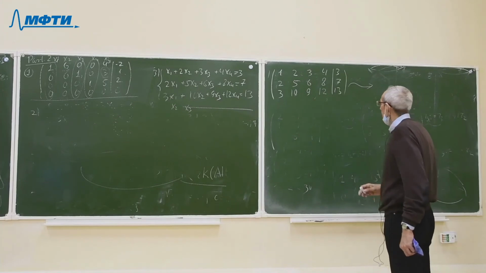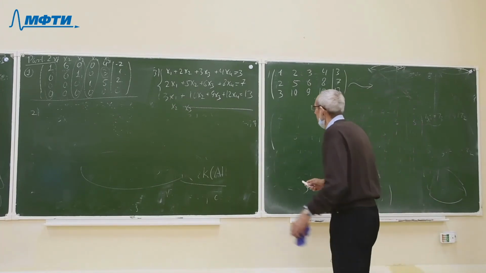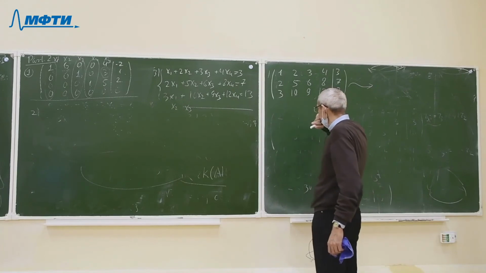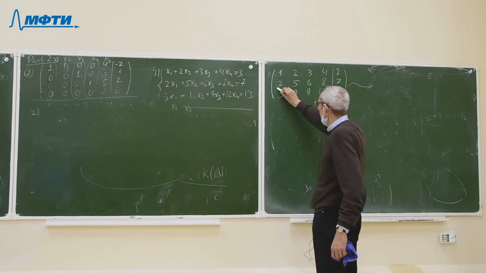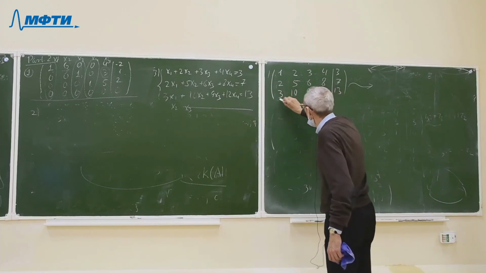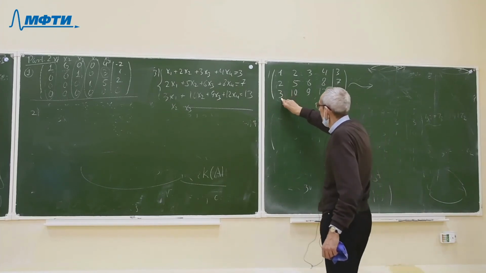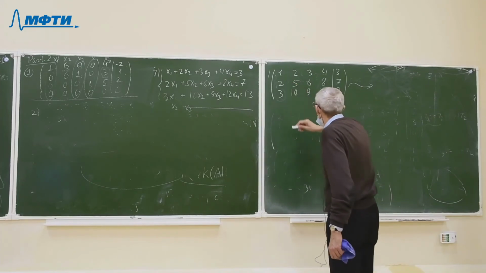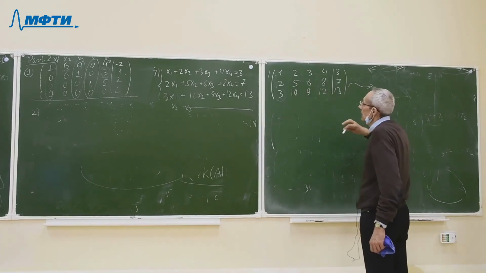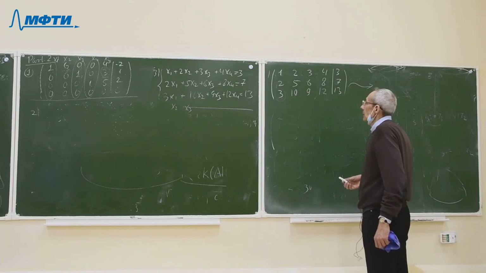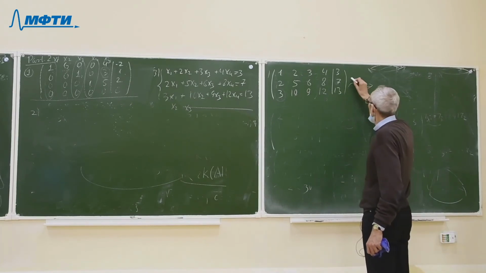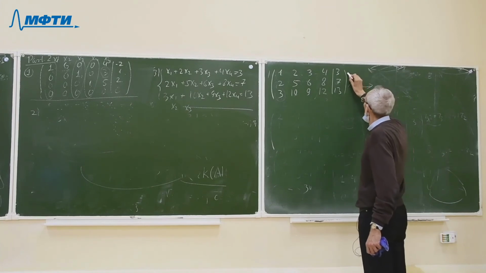We have the following transformation. We want to obtain a 0 element in this place and a 0 element in this place. We can use the first type of elementary transformation.